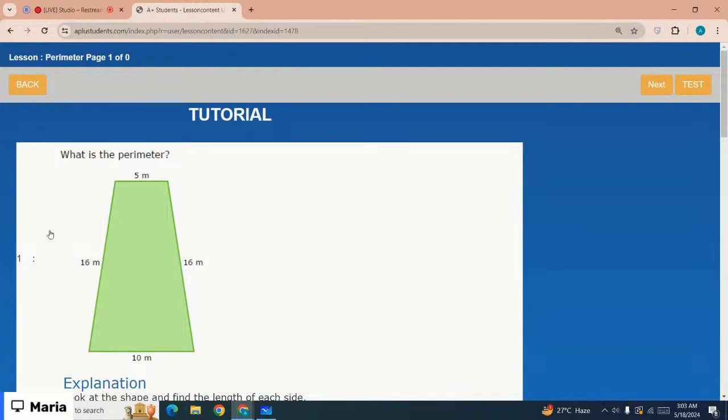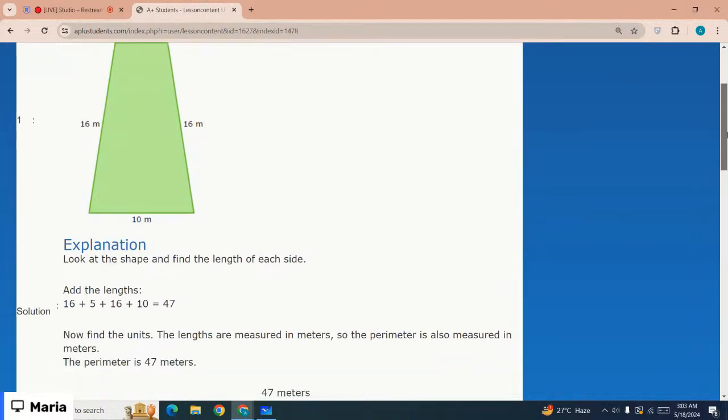What is the perimeter? Whenever we need to calculate the perimeter, we have to add the length of all the given sides, right? So when you add all these side lengths, 16 plus 5 plus 16 plus 10, that is 47.